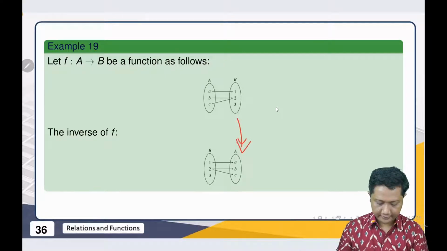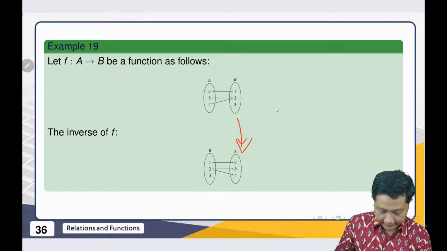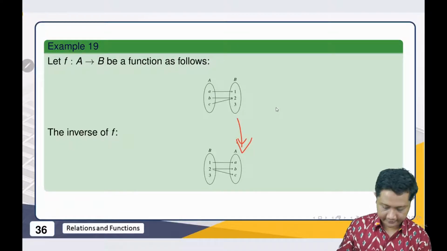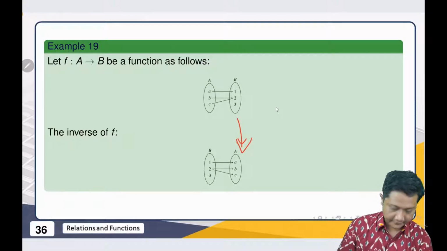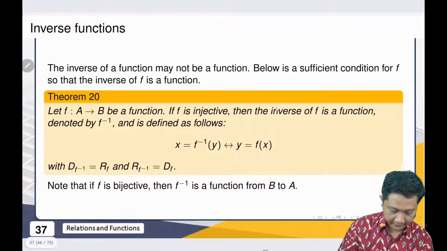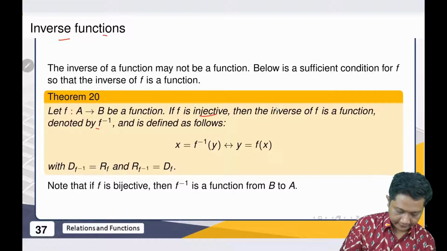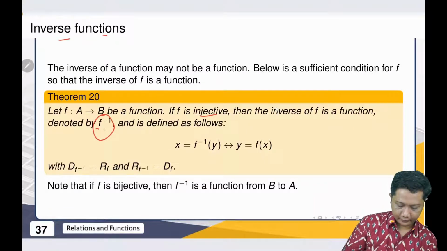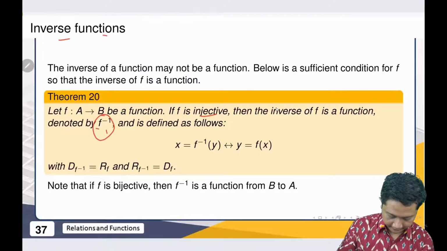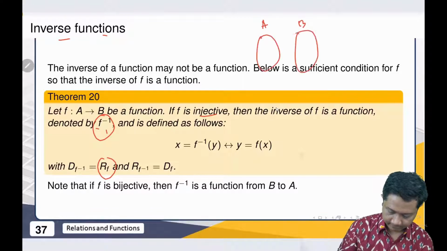So the inverse of a function in general may not be a function, and it can be a function, so it depends. If f is injective, and we define the inverse of a function with this notation, then we have the function from Rf to A. Here we have A, this one B, right? And everything in A, f goes to Rf.